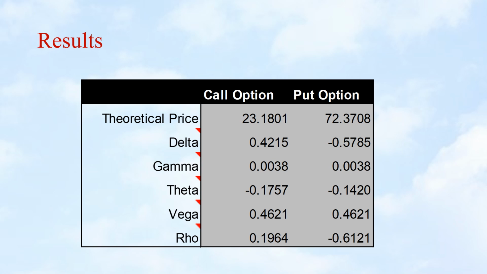You can see the results: the theoretical price, delta, gamma, theta and vega. You have to see the price of that one, how it is going on. So these are all things we are going to work out in the practical.